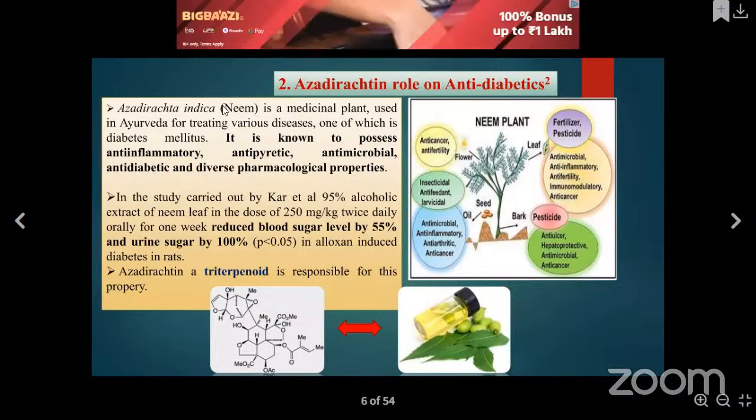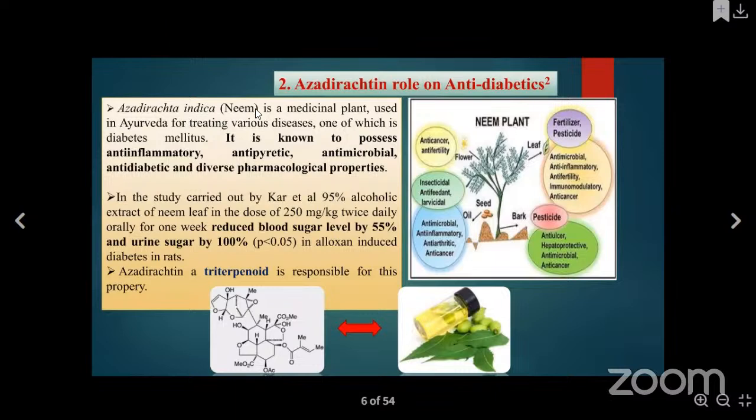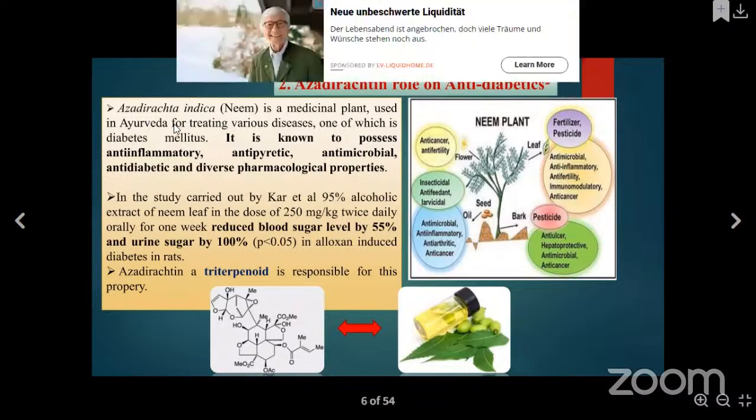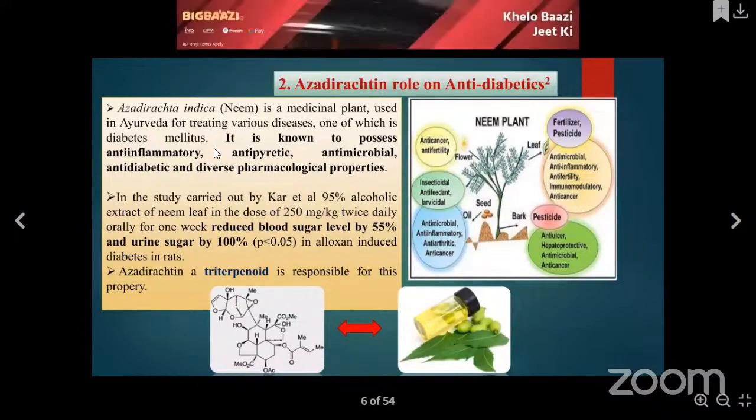Actually, Azadirachta indica is a medicinal plant used in Ayurveda for treating various diseases, one of which is diabetes mellitus. There are two types, diabetes mellitus and diabetes insipidus.